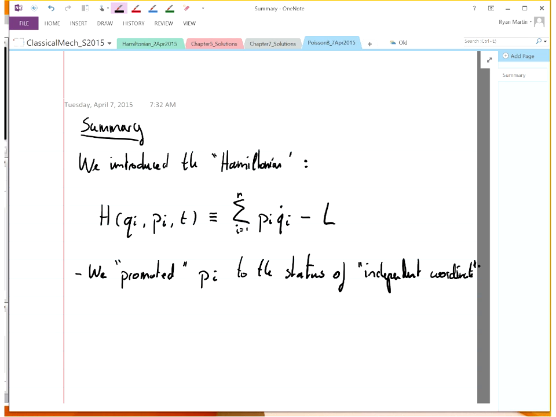By that I mean, in the Lagrangian, we describe a system in terms of generalized coordinates and their velocities, and the goal was to describe how the generalized coordinates change with time.